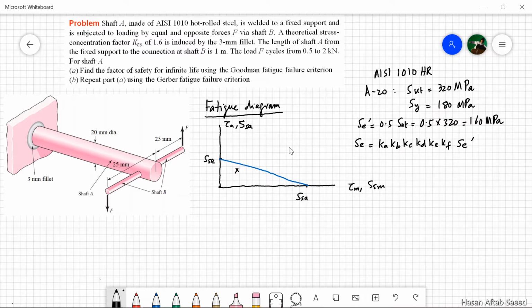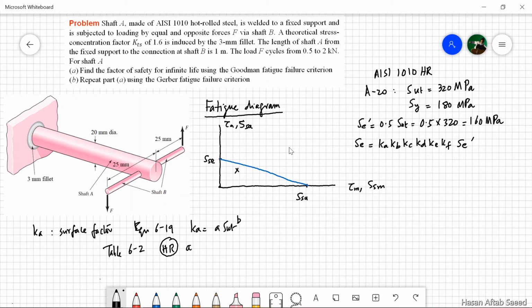Now let's start one by one with the correction factors, but let's start with Ka first. Ka, this is the surface factor, very familiar for you by now, and from equation 6.19, Ka can be easily calculated: A SUT power B. Now A and B again have to be read from the table, and that table happens to be 6.2.